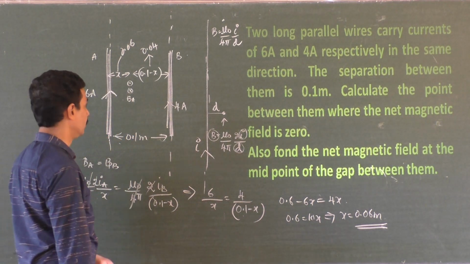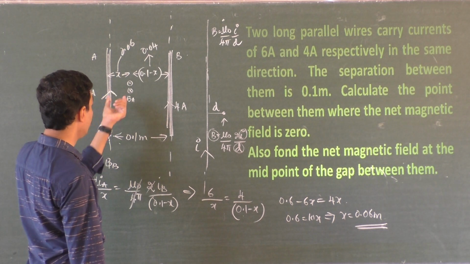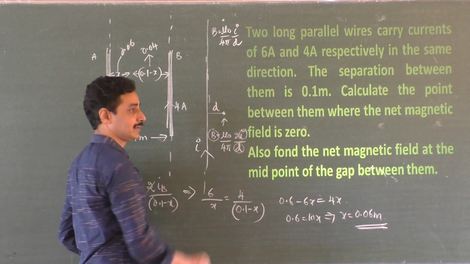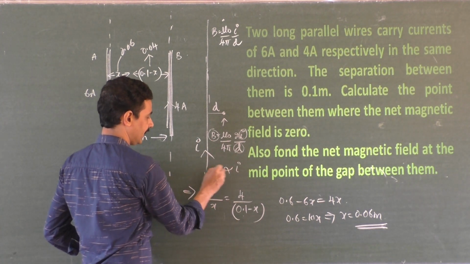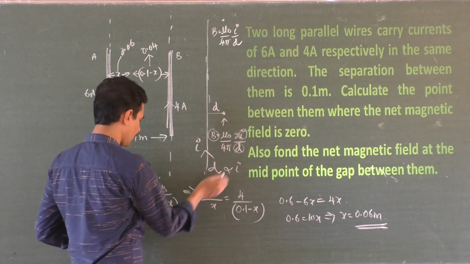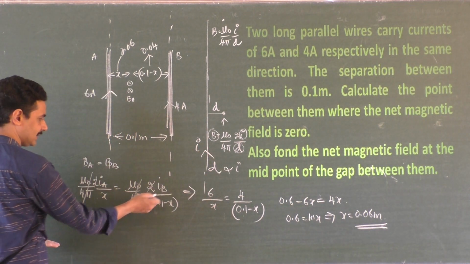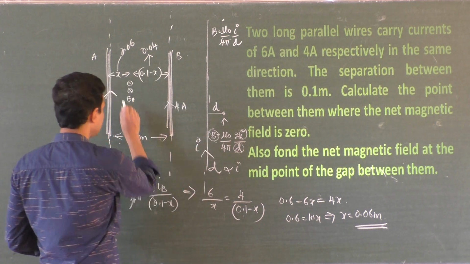You see, current and distances are here. If you bring this here, B is a constant, so I is directly proportional to D. That means if I is more, D is more, because everything else is constant. So I is directly proportional to distance. B is also constant for both of them.